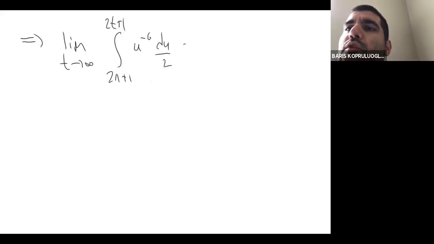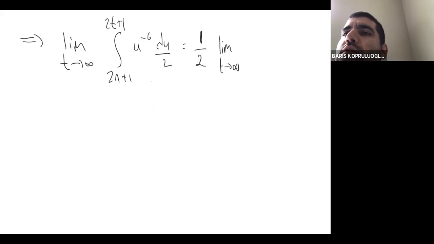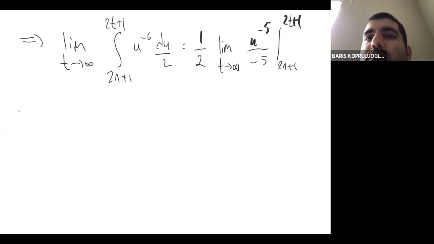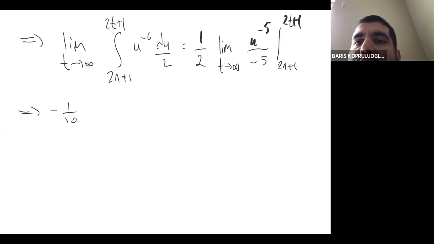So if you pull 1 over 2 out and do the integration, you will have u to the power of -5 over -5, from 2n plus 1 to 2t plus 1. And also we can pull out -5, so -1 over 10.